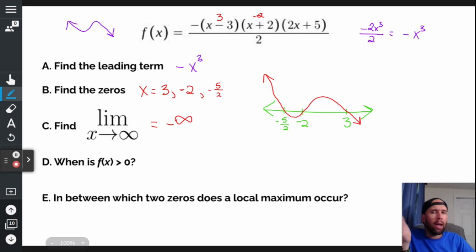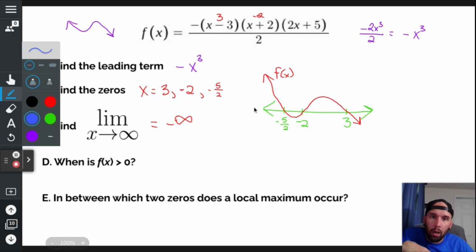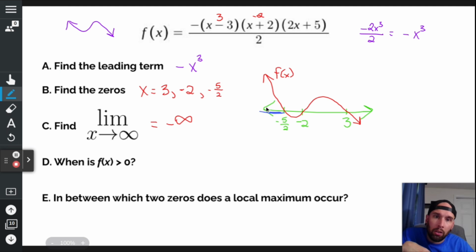Why is this useful? This is f of x, or at least a sketch of f of x. I care about when f of x is positive. Where is f of x positive? Here, because it's above the x-axis, and here, because it's above the x-axis. How do I demonstrate these two intervals? This interval is everything to the left of negative 5 over 2.